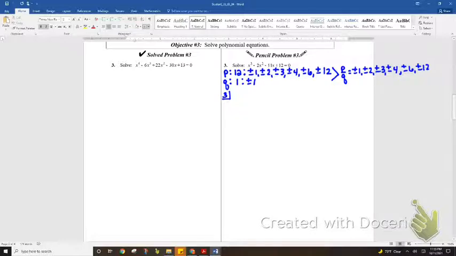So write out my coefficients. 1, negative 2x squared, negative 11x, positive 12. That didn't give me a 0. So let's try a different one. Negative 3. So 1x cubed minus 2x squared minus 11x plus 12.